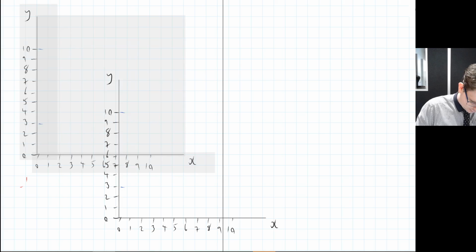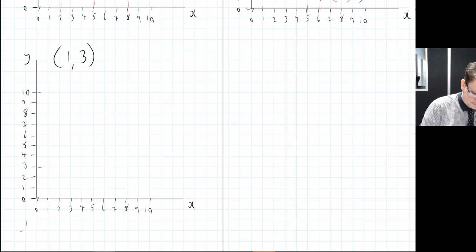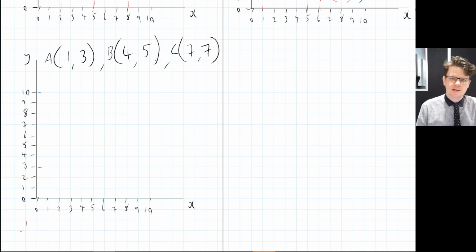So I'm going to do 1, 3, 4, 5, and then we'll do 7, 7. Okay, so these are the 3 points that I want to plot, and I'm going to call them A, B, and C. So it just means A is 1, 3, B is 4, 5, and C is 7, 7.